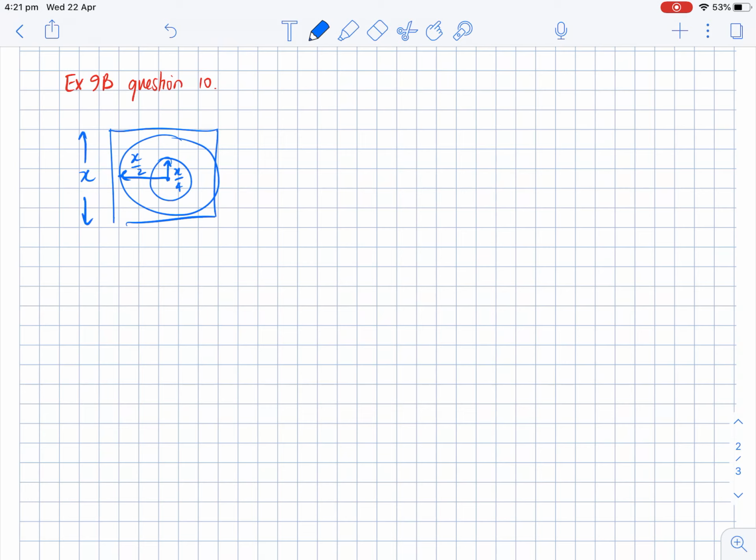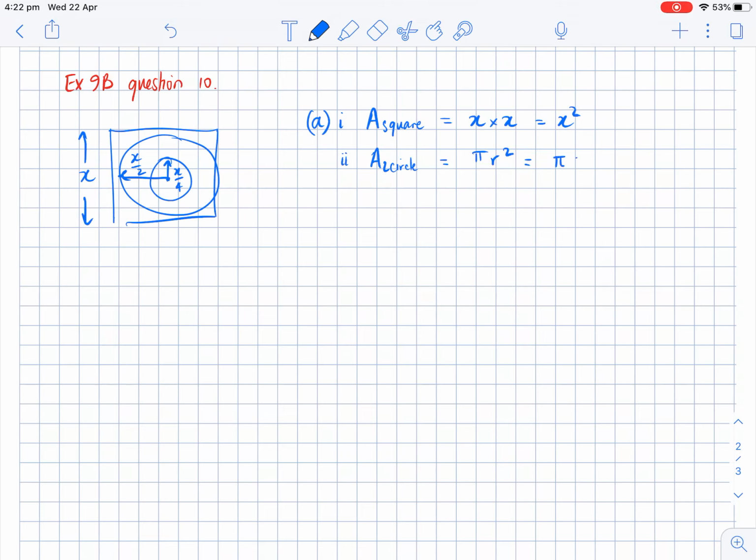Okay, part A says find in terms of x the area of the square. So if I want the area of the square, that is simply x times x, which equals x squared. If I want the area of the larger circle, I'll put L circle, is going to be pi r squared.